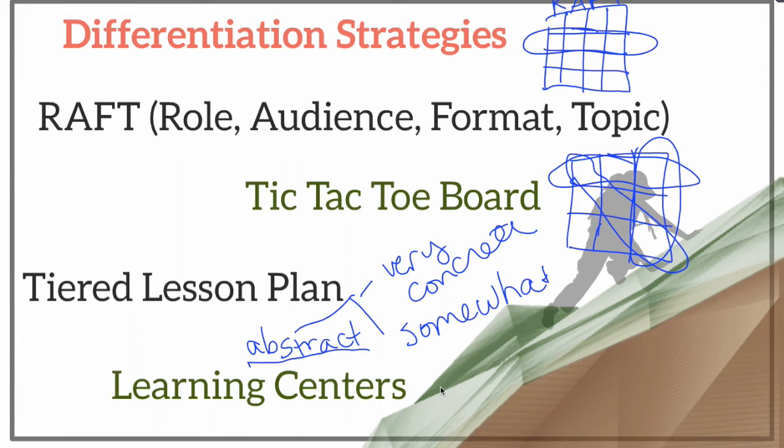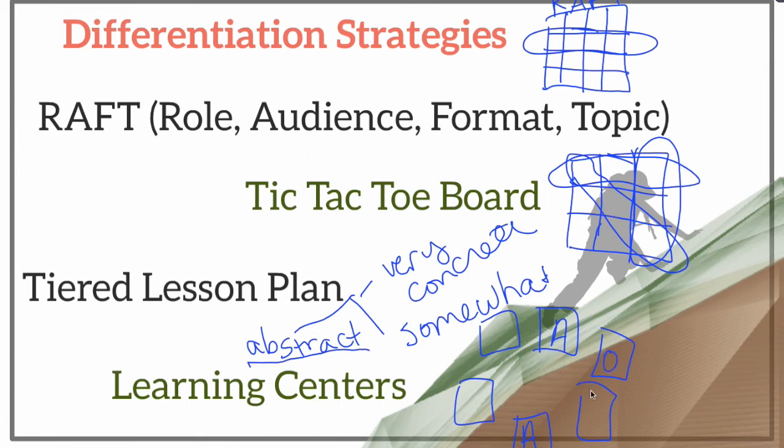Another one that I enjoyed using a lot was learning centers. What you might do with this is you may have, say, 6 stations, and 2 of them are anchor stations. Those are required. The kids have to do them because they're foundational and have to do with some type of skill.